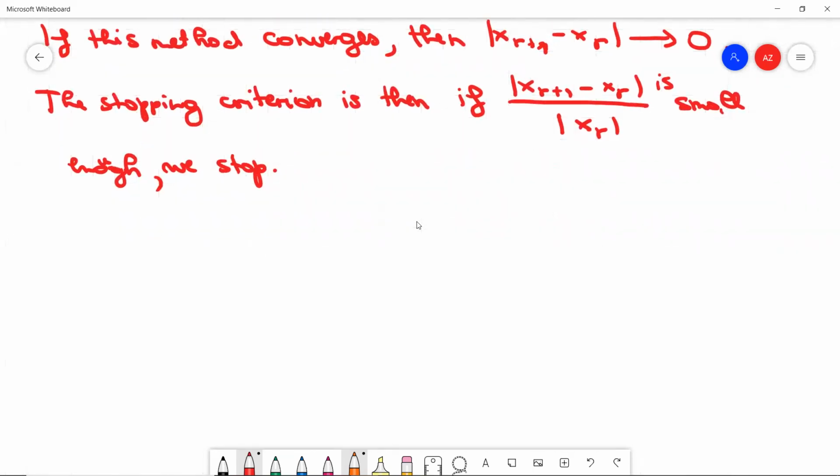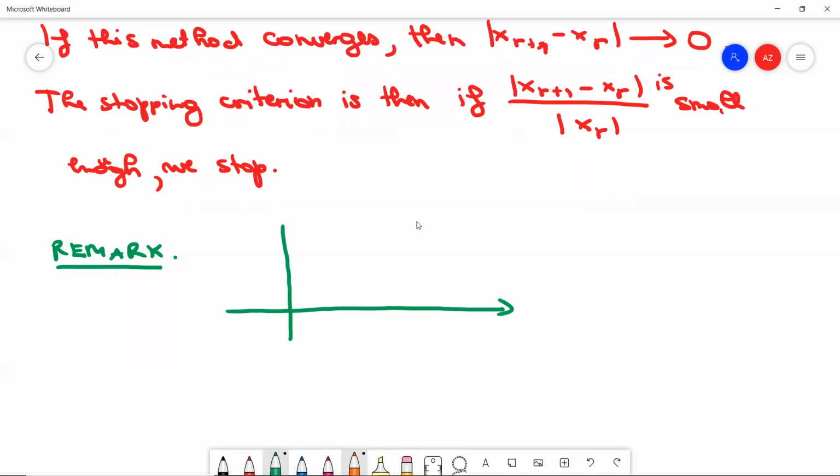So before I write this theorem, a remark. If we have, for example, such a function, let's say that it's something like that, and then it's something like that.